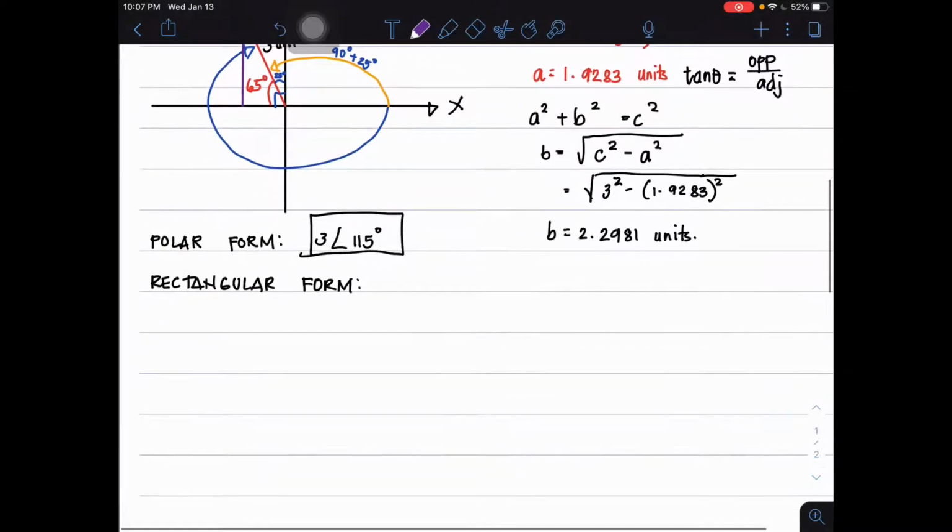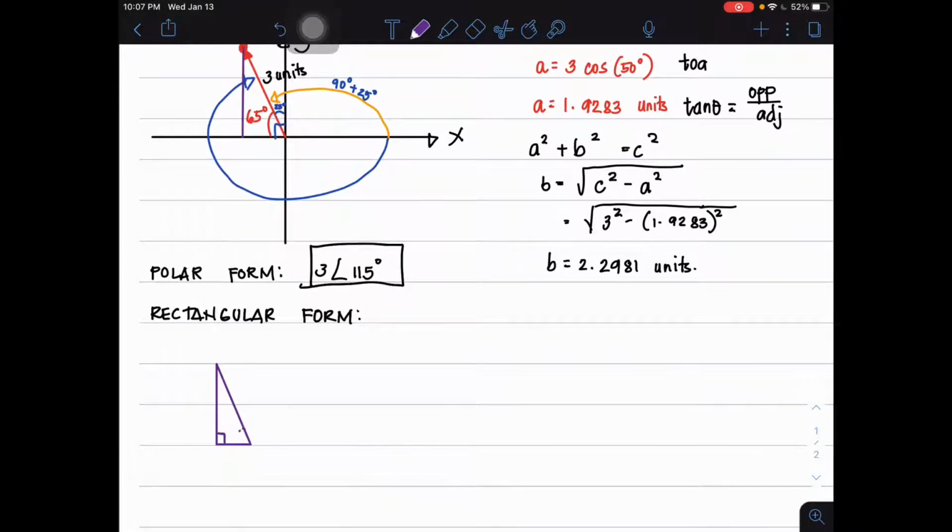So let me recreate the triangle. So that's it, and this is 65 degrees, and this is 3 units, right? We need to solve for side A and side B.